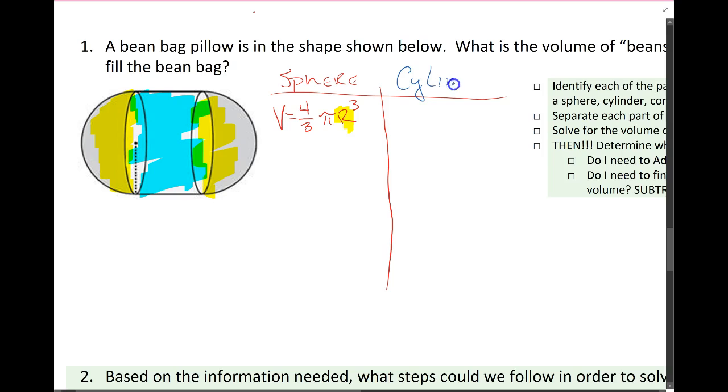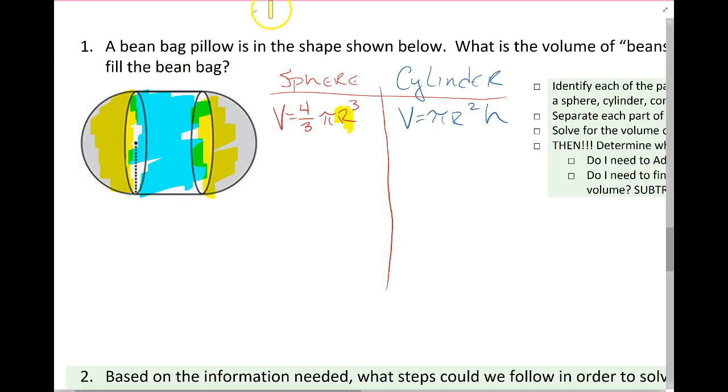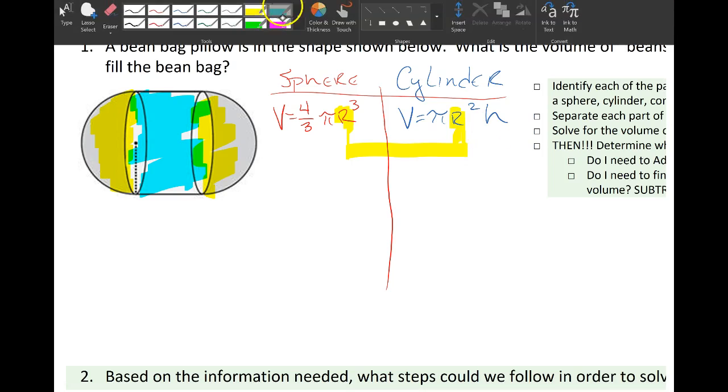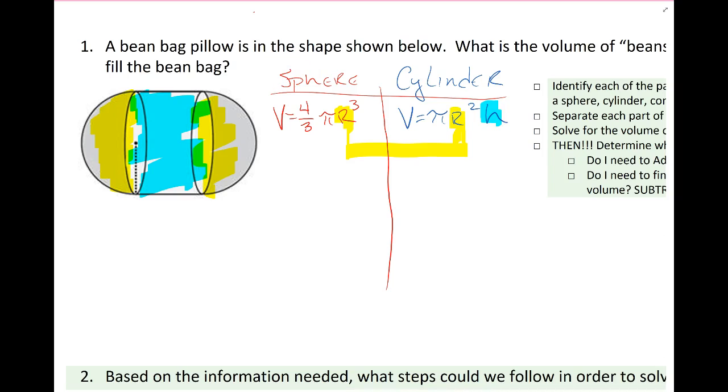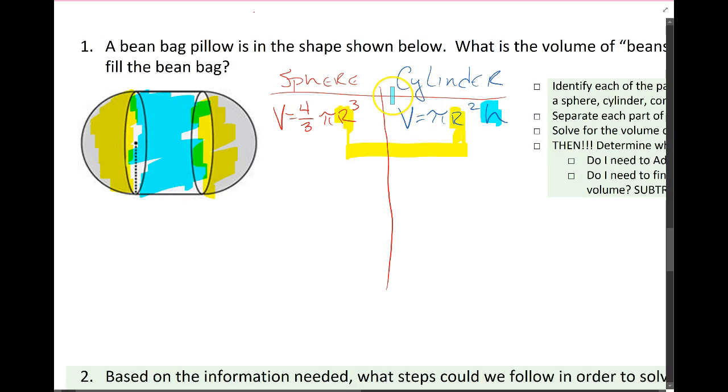For the cylinder, the volume is equal to pi times the radius squared times the height. So what do I need for this? It looks like I need the radius again, which is the same thing, and I also need the height of that cylinder. The way I figured out what I needed is simply by writing down the two equations in general form and figuring out what I needed from each of them.